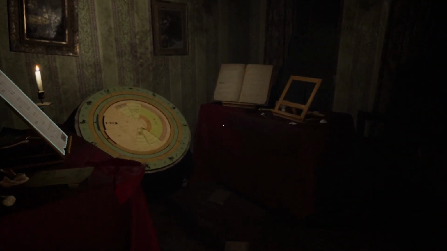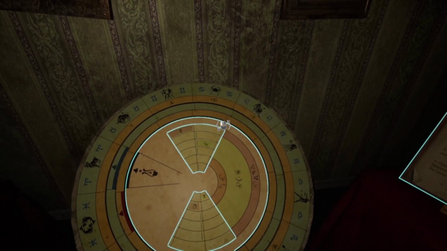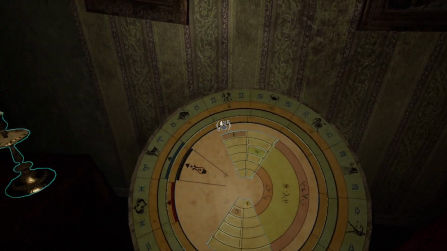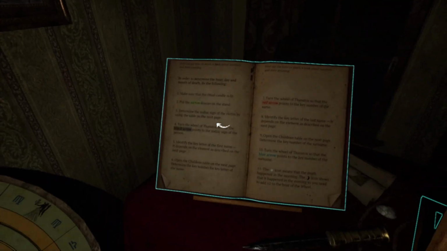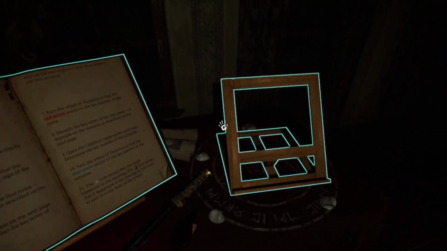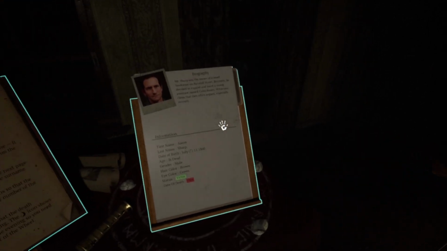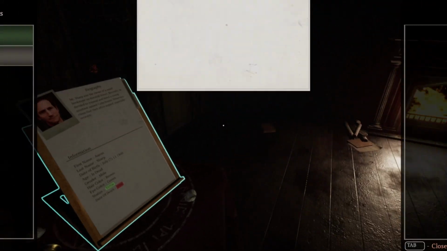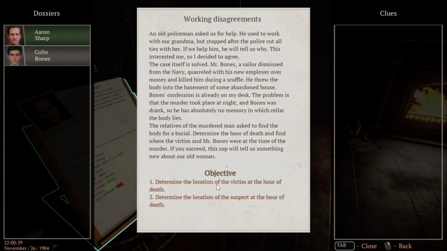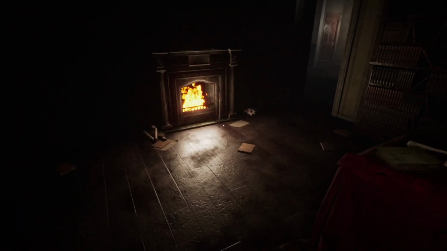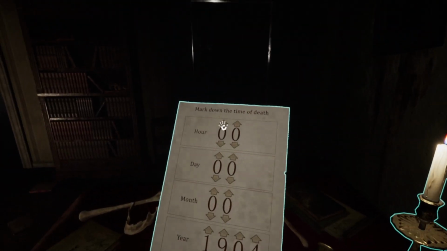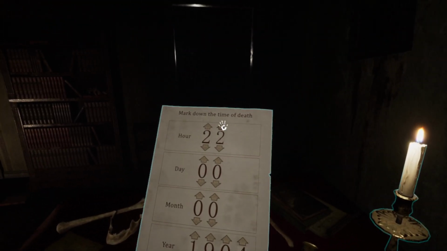What did I miss? Yeah, the numbers are not here right now. So that is true. Alright. And what does it want? Determine the location of the victim. Oh, that's what I messed up on. Duh. I didn't read clearly enough.